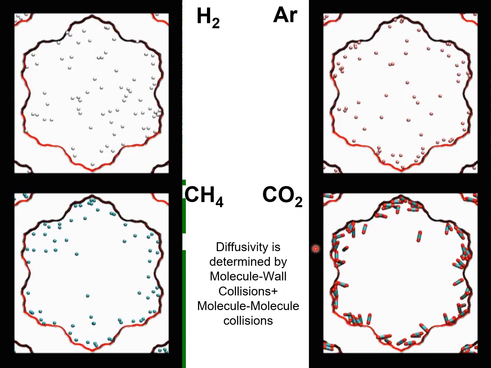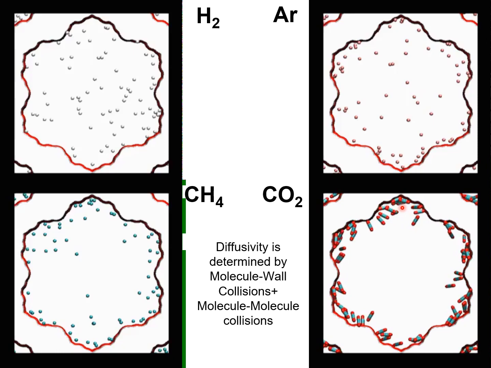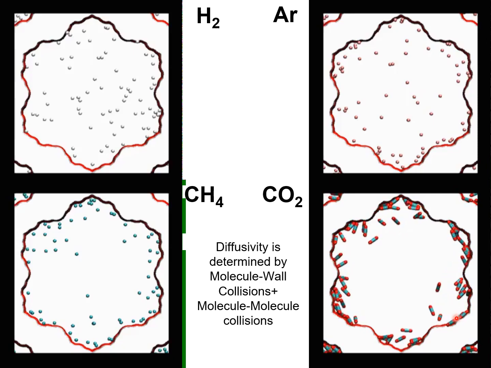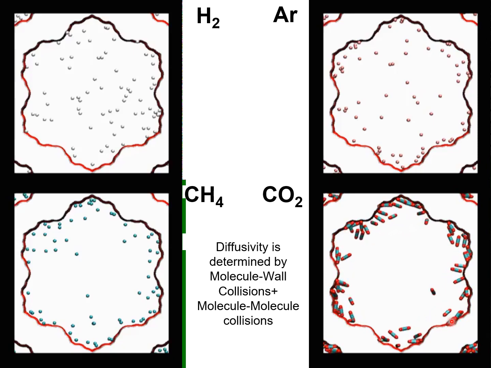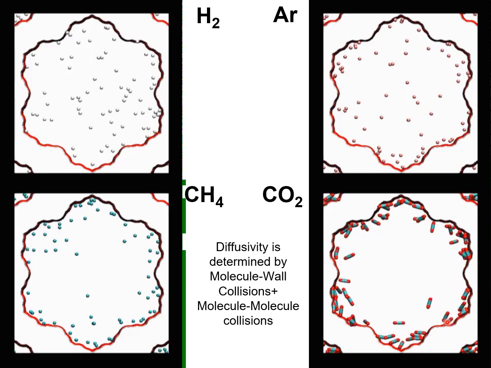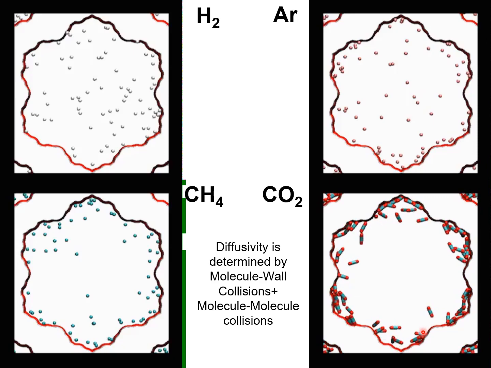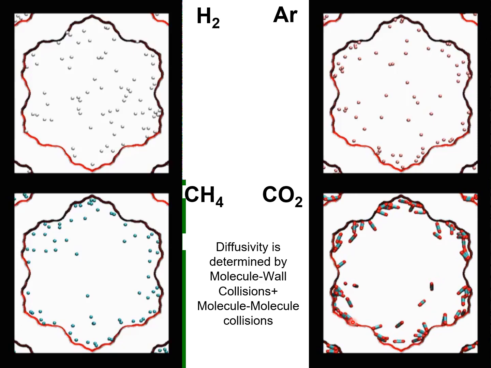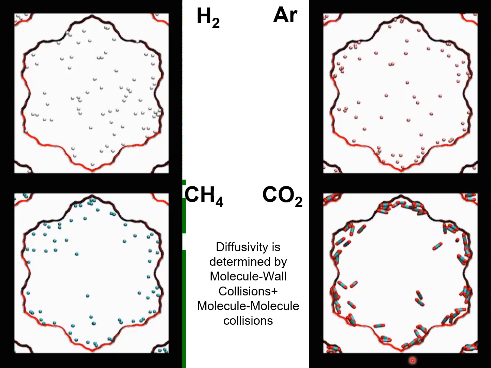For carbon dioxide, most of the molecules are close to the surface and suffer a biased motion, the bias being in favor of motion along the surface rather than colliding with the wall and returning to the core region.